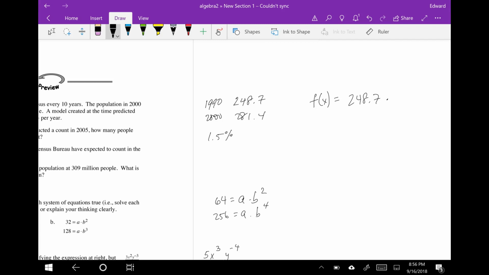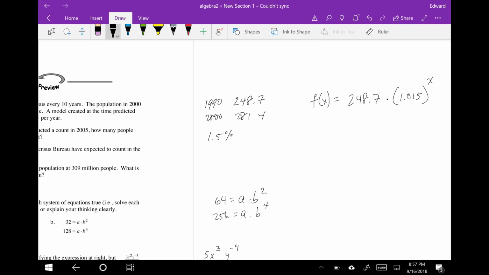It's growing at 1.5%. Remember, when you're growing at 1.5%, you have to add that to 1. So the multiplier becomes 1.015, and then it's per year, so I'll use to the x. That's how many times we're going to compound it. So that would be the equation for how many years after 1990 the population was.